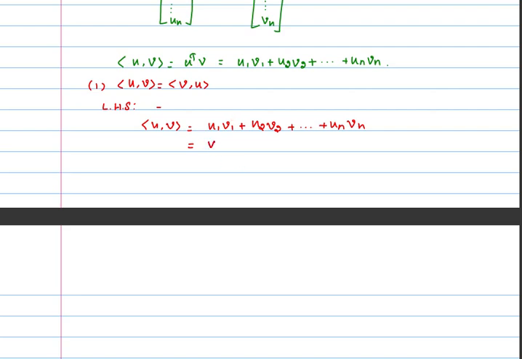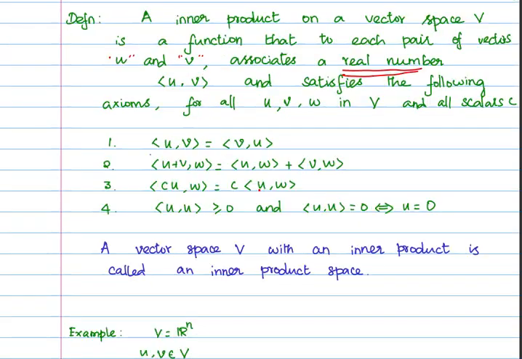So I can write v1 times u1 plus v2 times u2 and so on, vn times un. This is equal to v transpose times u, which is nothing but v comma u. So symmetry is satisfied and our first condition is valid.